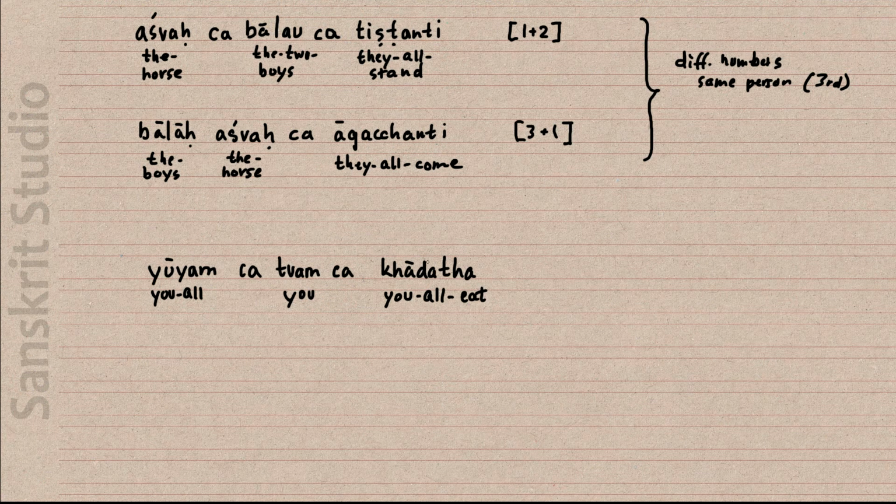Anyway, in terms of arithmetic, this should be correct. So here we have different numbers, same person, but in this case it's second person. This is just a demonstration of how to calculate the verb ending here.